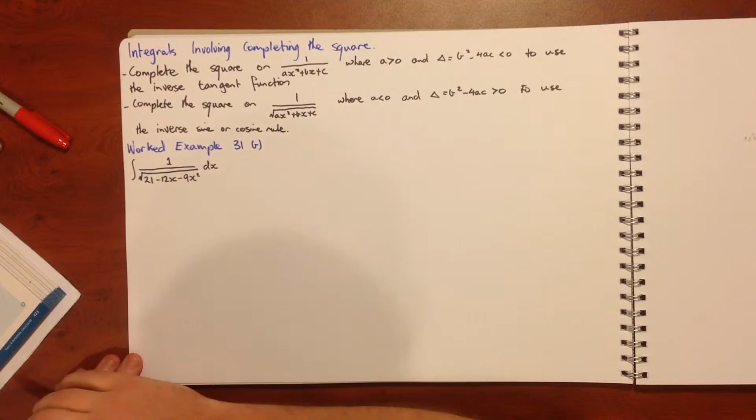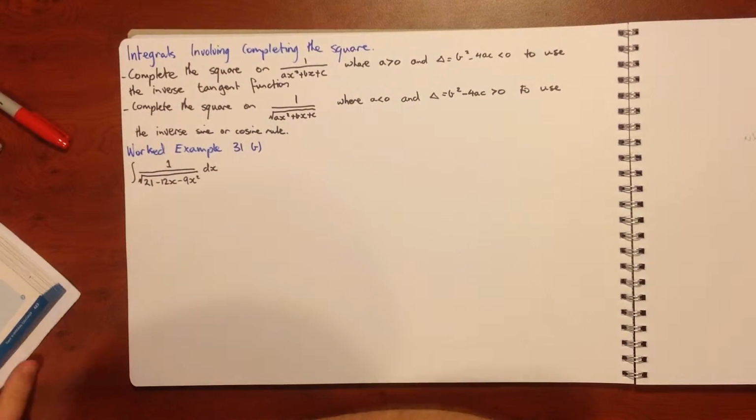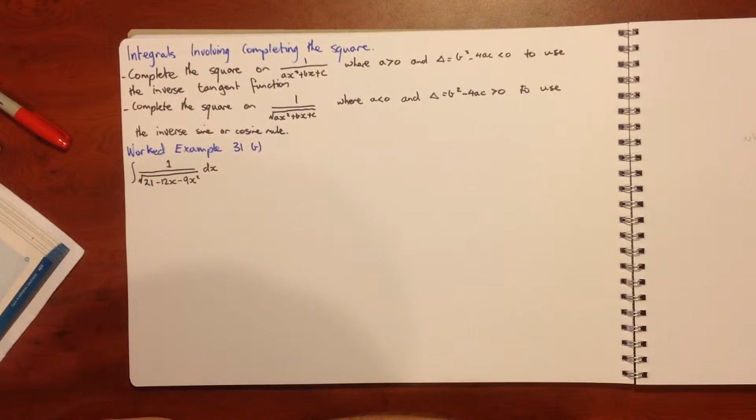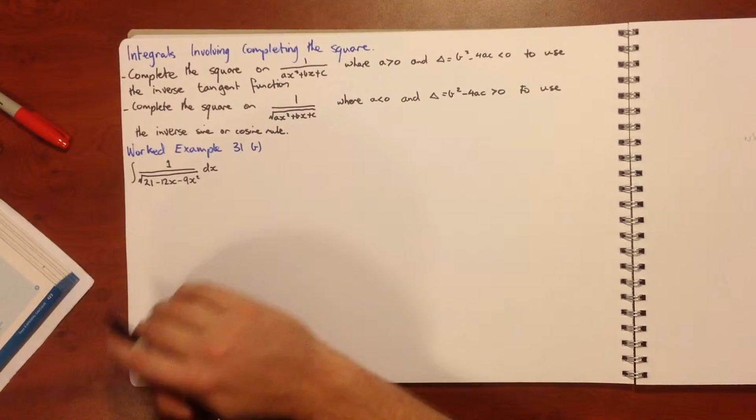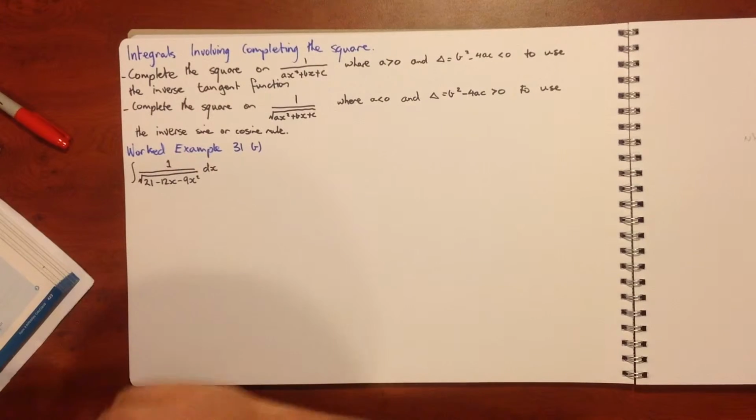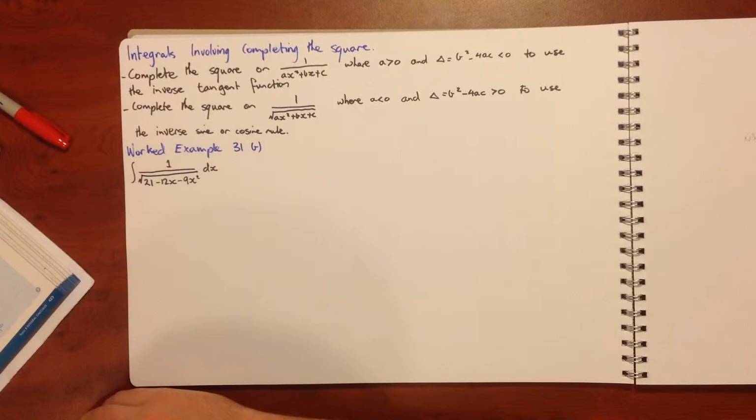So having a look at worked example 31b, you can have a look at 31a if you like as well. When we have a look at our quadratic here, we need to express the quadratic factor in the denominator in the completing the square form by making it into the difference of two squares.